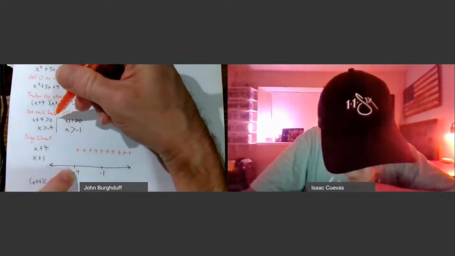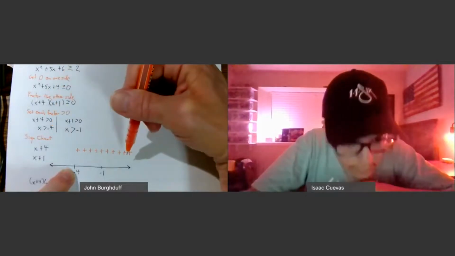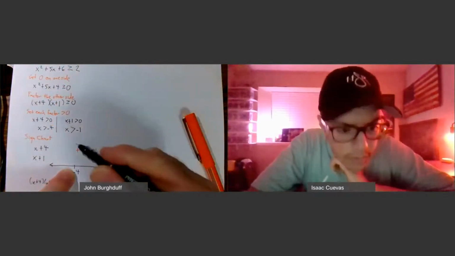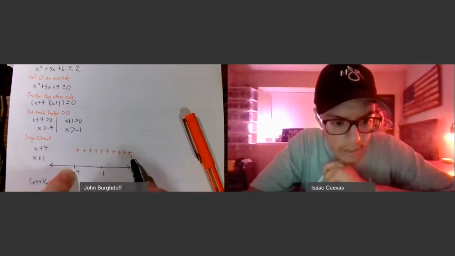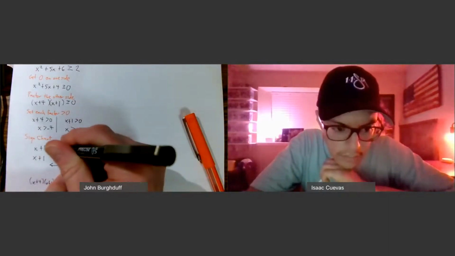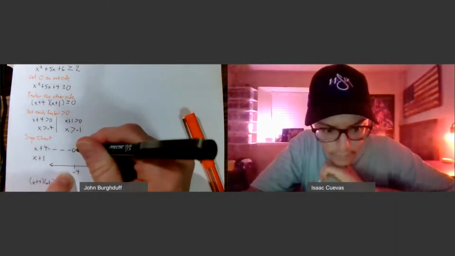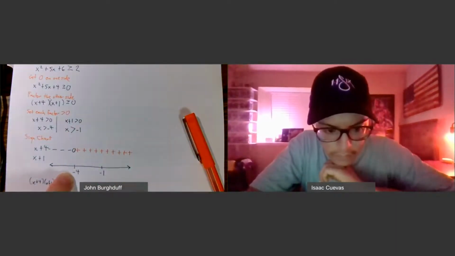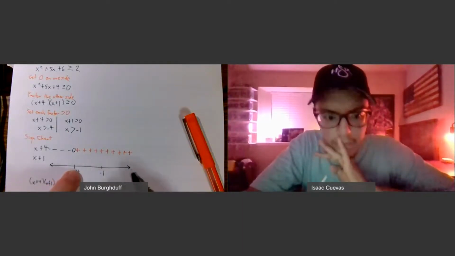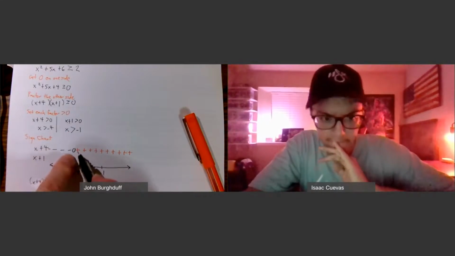If x plus 4 is positive to the right of negative 4, then it's automatically negative to the left of negative 4 and 0 right at negative 4. So for all these values of x, this factor is positive. For all these values, it's negative, and it's 0 right there.